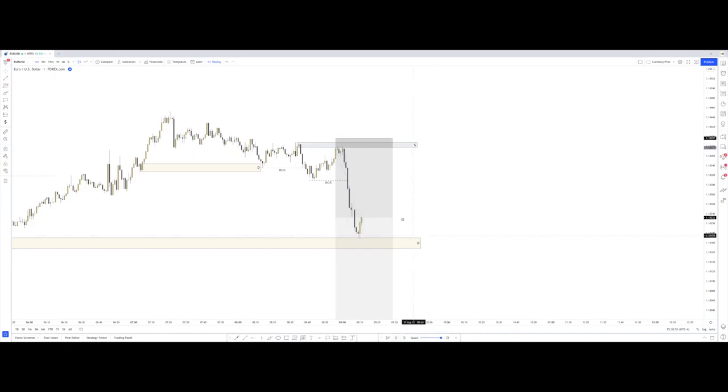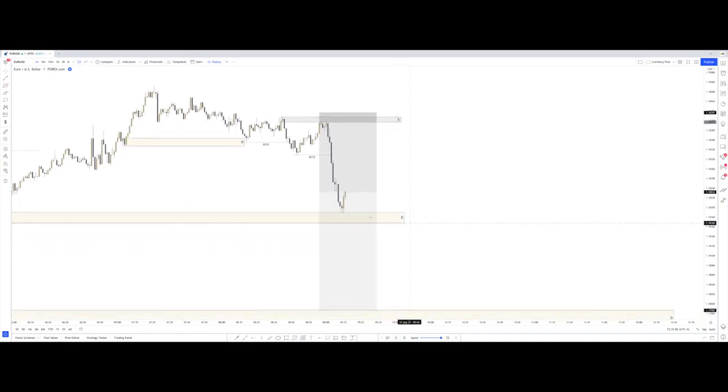Okay, so that was quick. So if you were targeting this first zone here for 9.35 R, I believe it was, 9.35 risk reward ratio, your take profit would have been hit. You would have been done for the day. How long did that take? Under 15 minutes. Yeah.